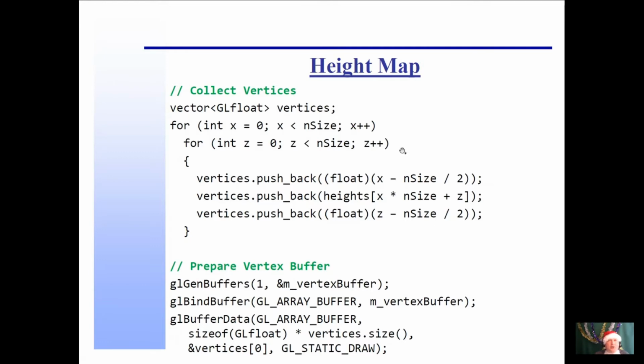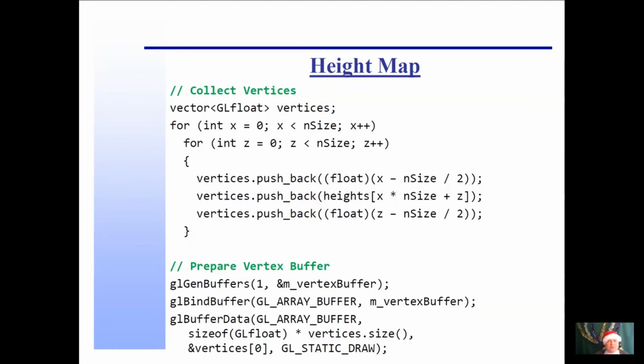Now, collection of vertices is quite easy. Again, that's a double nested iteration, and this time we have another vector of vertices. Please note that this is a vector collection of OpenGL float values, so we just see it not as a collection of 3D coordinates, but XYZ, XYZ, XYZ, a collection of float values.